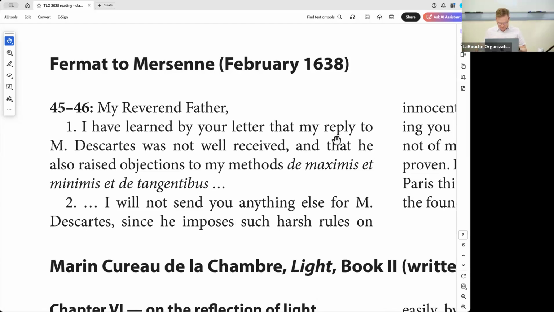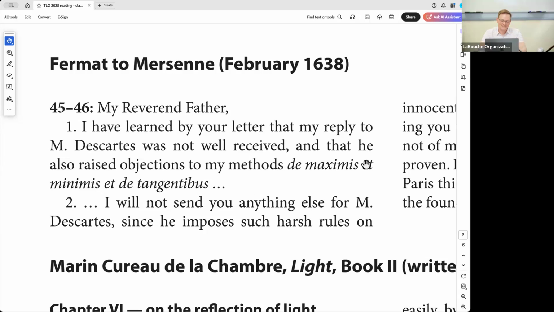My Reverend Father, I have learned by your letter my reply to Monsieur Descartes was not well received, and that he also raised objections to my method, de maximis et minimis et tangentibus.